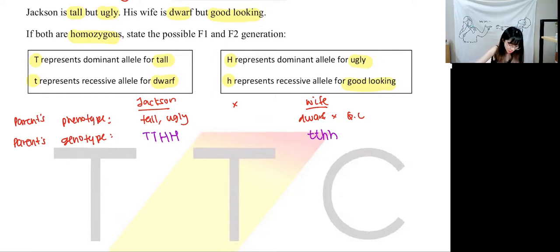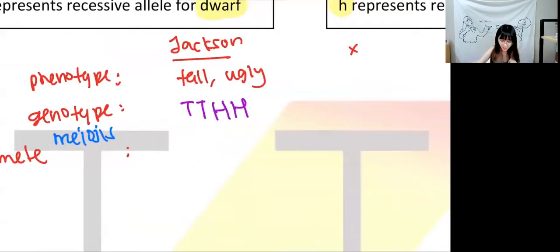After that, we have to find what? We have to find gametes. Okay, gametes over here. To form gametes, just now I mentioned that we have to carry out a process called meiosis. Now, how do we form a gamete? Let's look at Jackson's first.